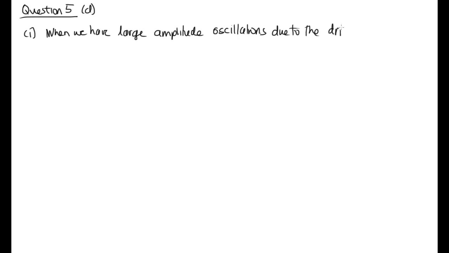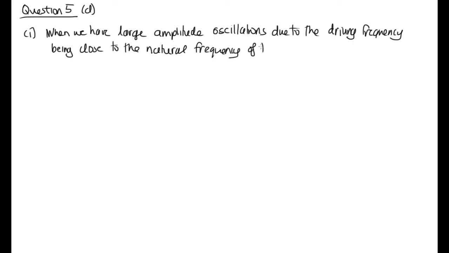So this is when we have large amplitude oscillations due to the driving frequency being close to the natural frequency of the system. So that's one way that we can define resonance.